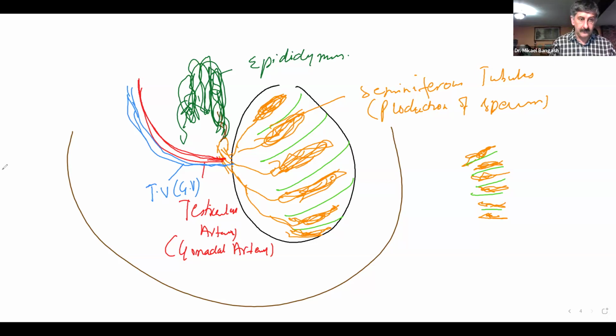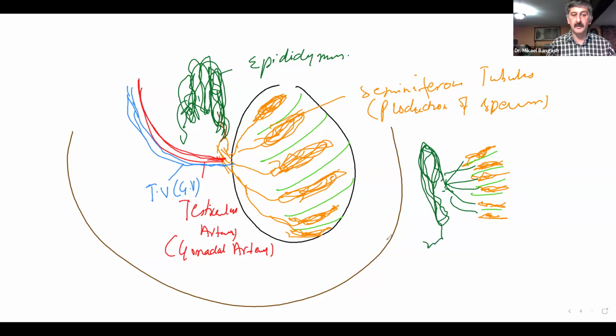But when these seminiferous tubules come together, they form a recoiled structure that is going to be called the epididymis. Did that make sense?